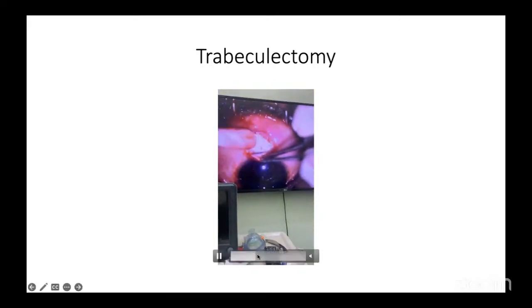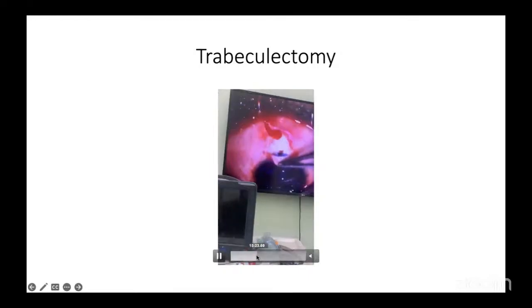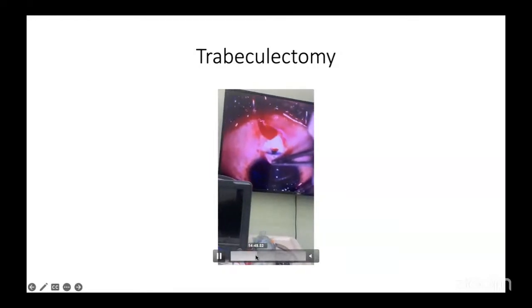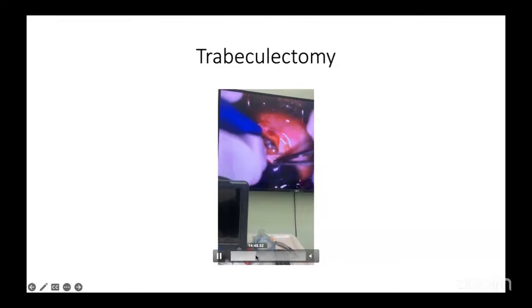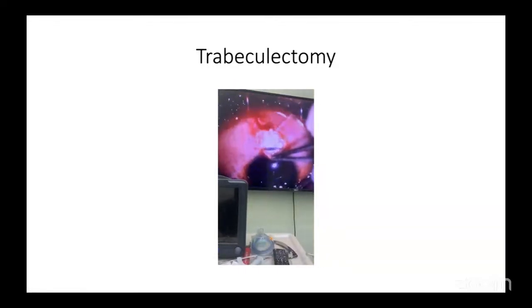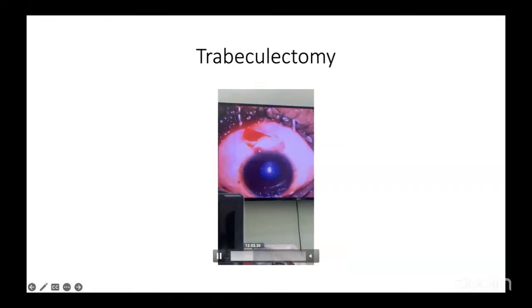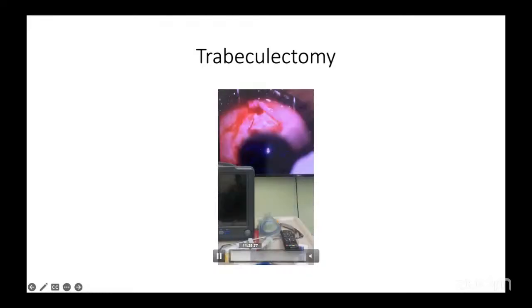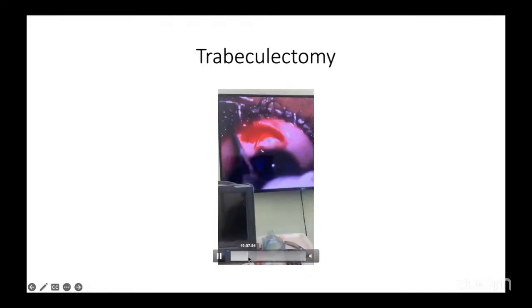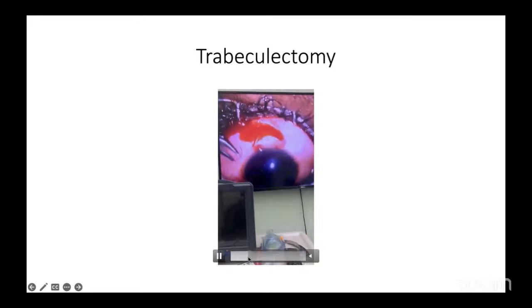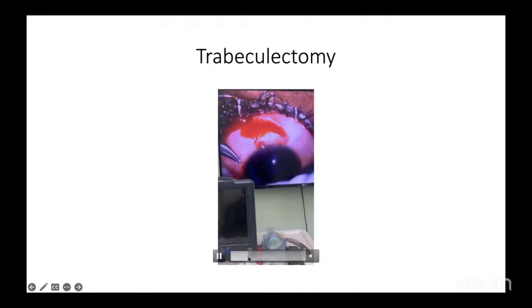So I know I passed this stage now. Before the ostium is created, we apply this apical suture here.